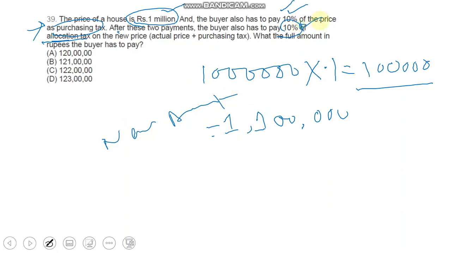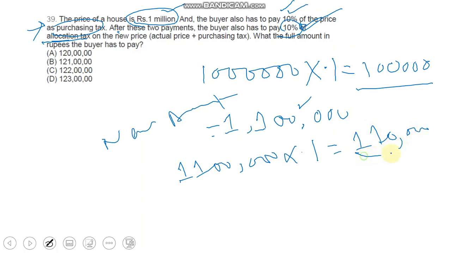Now I have to further pay this 10% on this amount. So multiply by 0.1, which will give me 1,10,000.